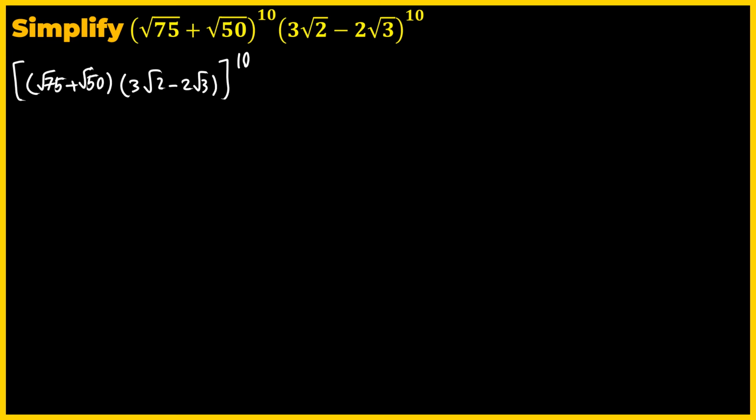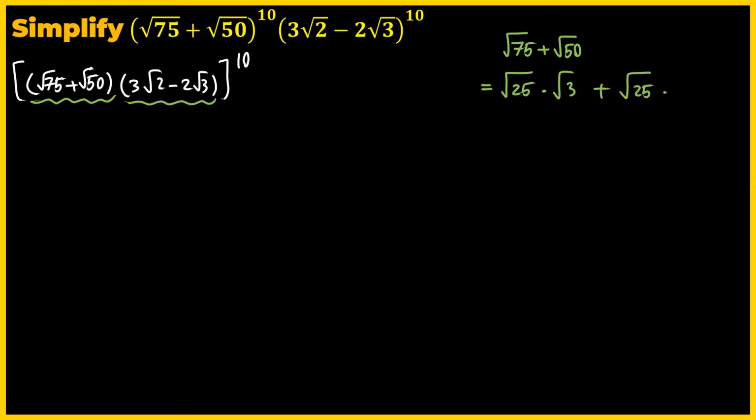Great. Now, we're going to take a look at each of these two factors separately, and we're going to try to factor them and simplify them. The first factor is root 75 plus root 50. In order to simplify this, I'm going to replace root 75 with the square root of 25 times the square root of 3, because 25 times 3 is 75, and we need to replace root 50 with root 25 times root 2.